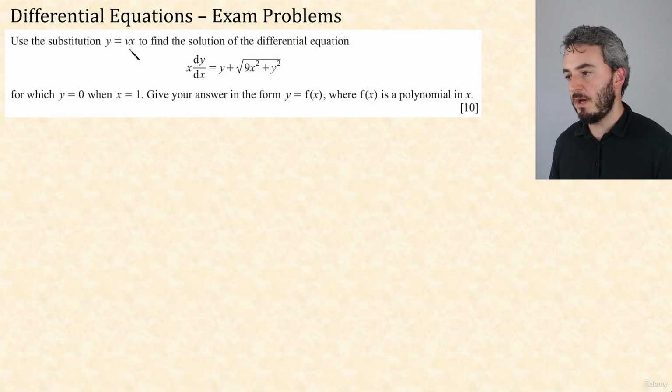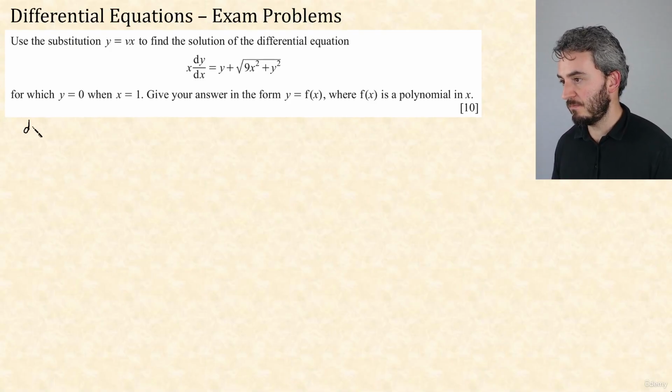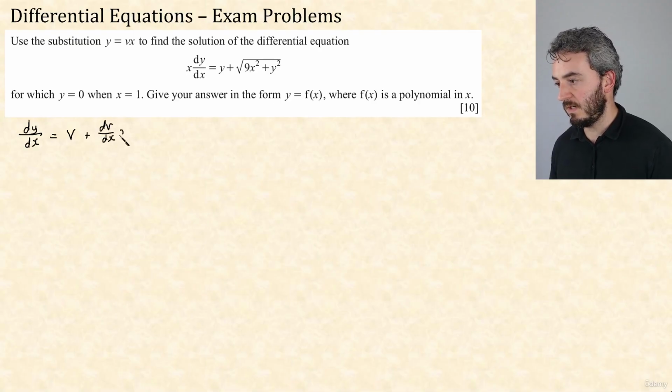Okay, so this looks like a first order differential equation with a substitution. It seems like we are introducing v and getting rid of y, because I can just replace the y with vx. So let's find dy by dx. When I differentiate this using the product rule, I get v times 1 plus dv by dx times x.